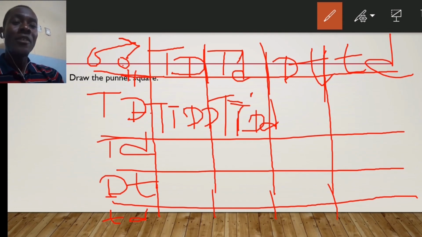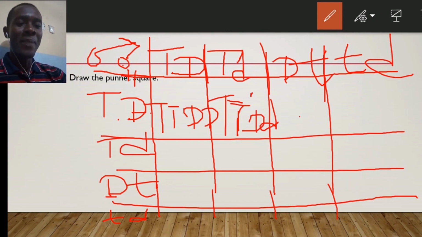Now, if you can do for the rest of the box, remember you can do for this particular gamete of the woman, crossing it with the other gamete of the man, and you will get the result of the offspring. Follow the same pattern and fill up the whole boxes, because my screen cannot contain all of this, but you can do it in your own paper. Please fill up all the boxes.